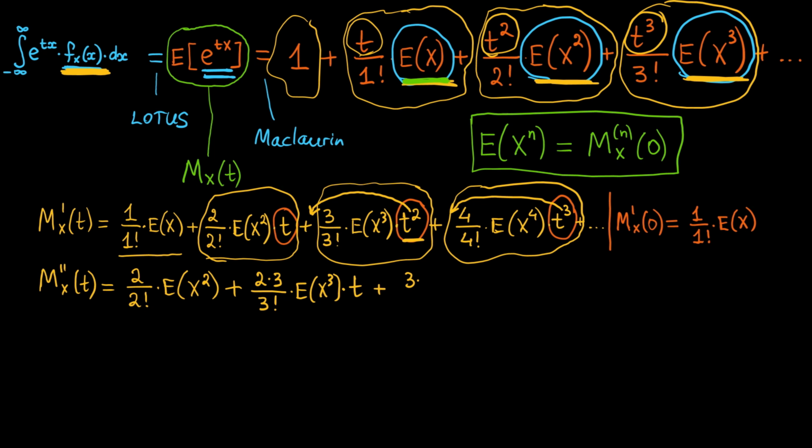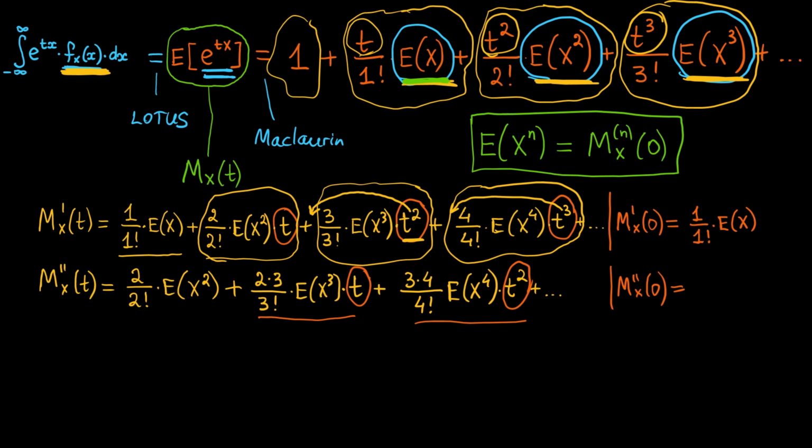So we'll get 3 times 4 over 4 factorial times the expected value of x to the 4th power times t squared plus ... And when we evaluate it at 0, we get, well, we need to replace t with 0 everywhere, and we see that all the terms other than the first one will drop, and we get 2 over 2 factorial times the expected value of x squared.